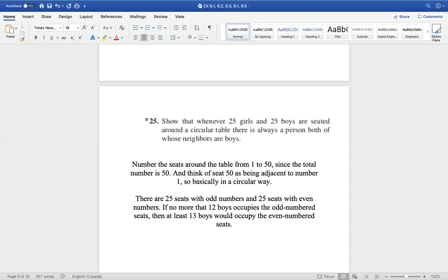So if 12 boys occupy the odd number, then there will be 13 boys that occupy the even number seats. Okay, and then we can do the vice versa as well. So if, for example, 13 boys occupy the odd number, then there will be 12 boys who will occupy the even number. Okay, and vice versa.